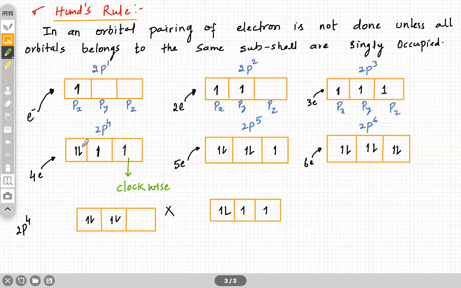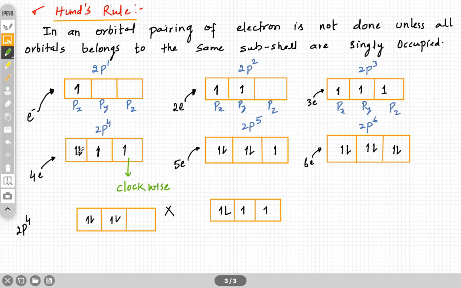That's why we always write an up-headed arrow for the first electron. Now, since it is clockwise, when the second electron tries to enter the same orbital, or technically I should say the fourth electron, because the second electron will come here, the third electron will come here, and then for the fourth electron pairing takes place for the p subshell. If the fourth electron also has clockwise orientation, then there would be repulsion, and hence that is not possible.